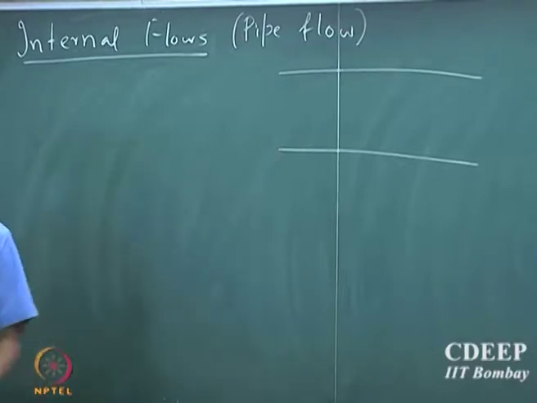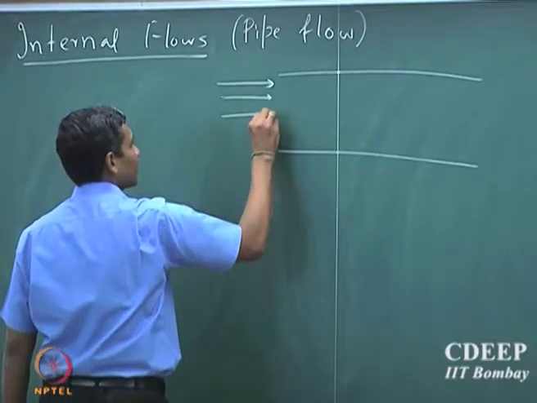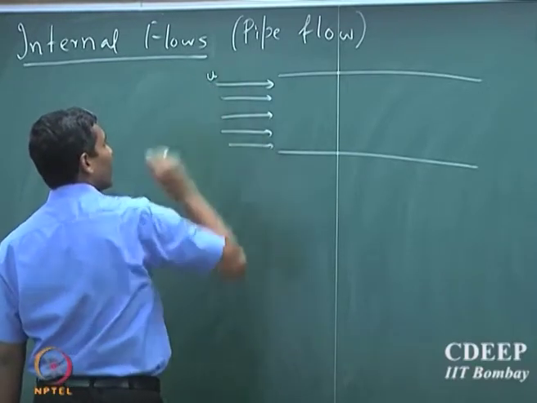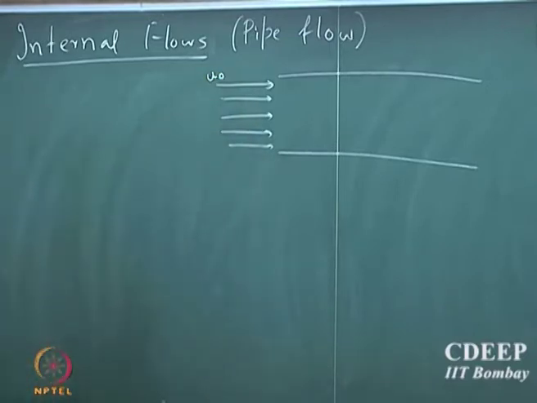So suppose let us consider a tube, and we have a fluid which is flowing through this tube. Let us say that u naught is the velocity with which the fluid is entering the tube.